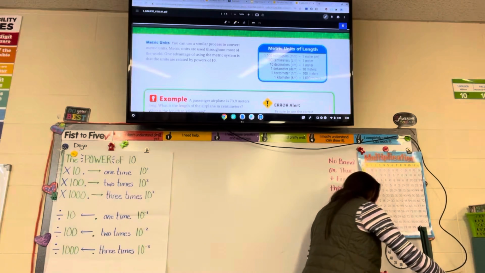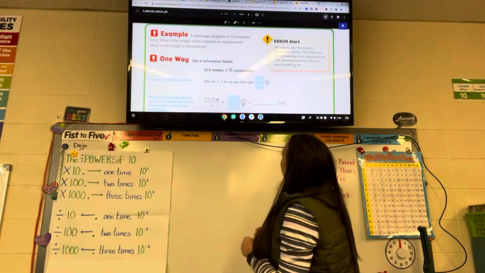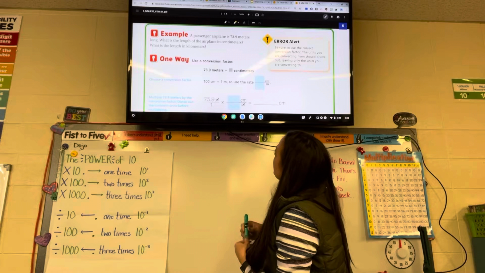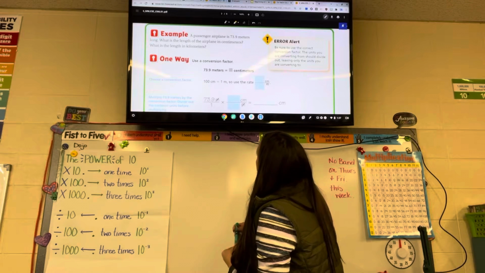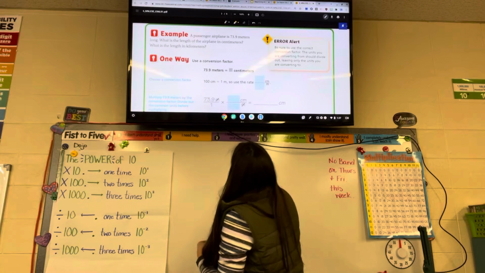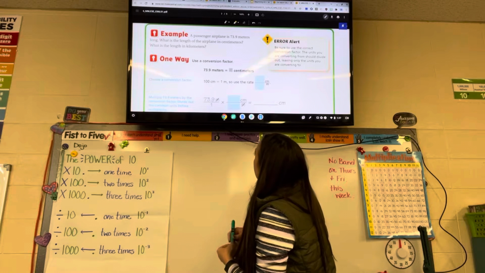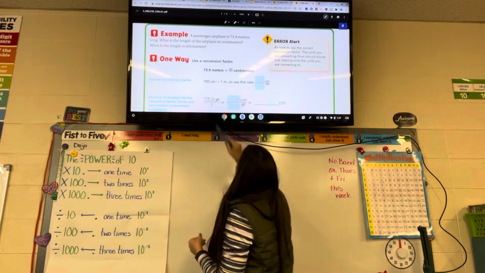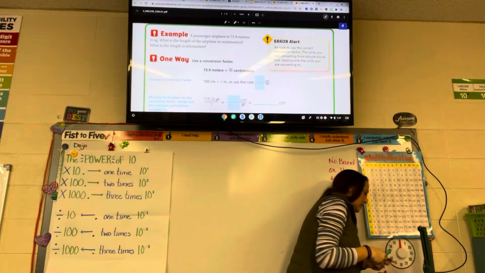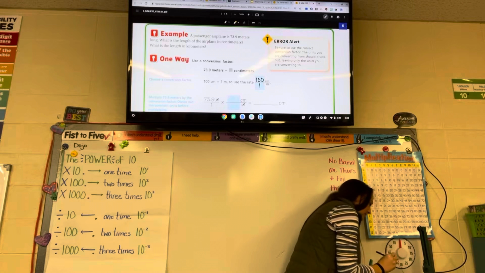Sit up, please. All right, a passenger airplane is 73.9 meters long. What is the length of the airplane in centimeters? What is the length in kilometers? Okay, so first we need the conversion factor. 100 centimeters equals 1 meter. So we're going to use the conversion rate of 100 centimeters over 1 meter.